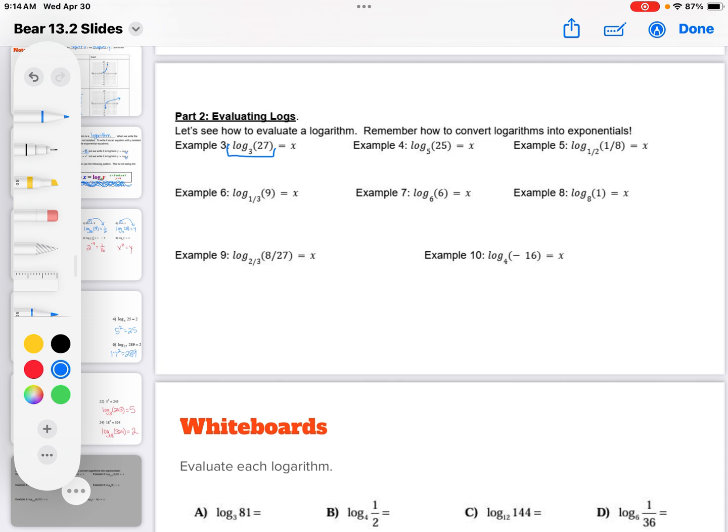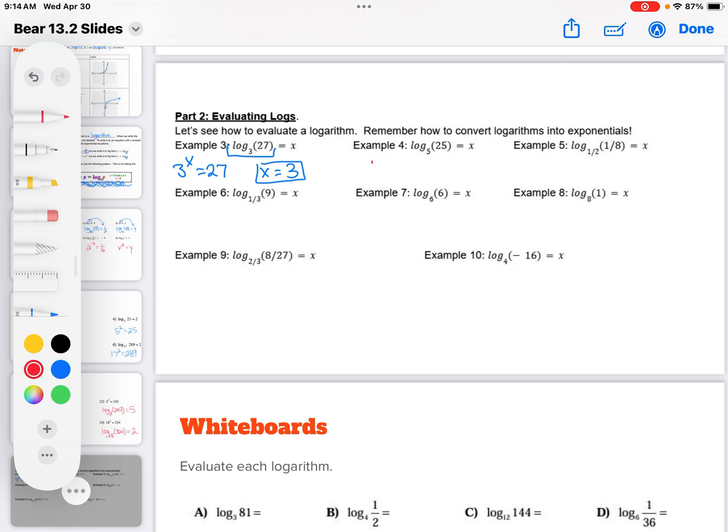I always set that equal to x so that I can write my exponential. So 3 to the x equals 27. Well, ask yourself, 3 to what power gives you 27? And the answer would be 3. So log base 3 of 27 equals 3 because 3 to the third power equals 27.